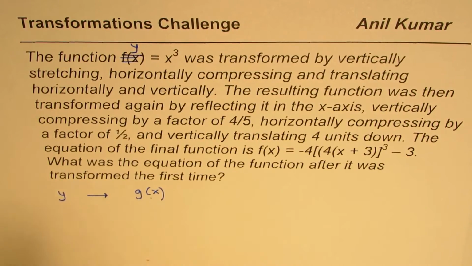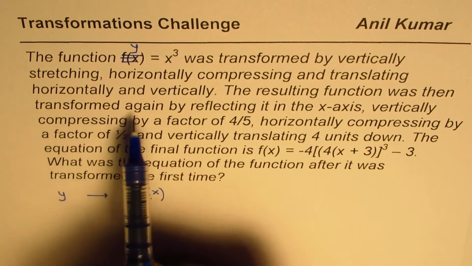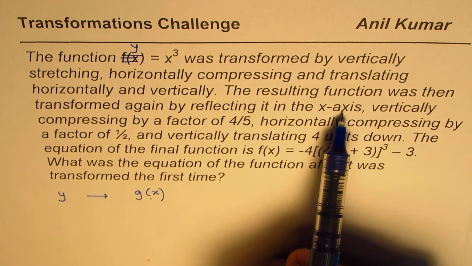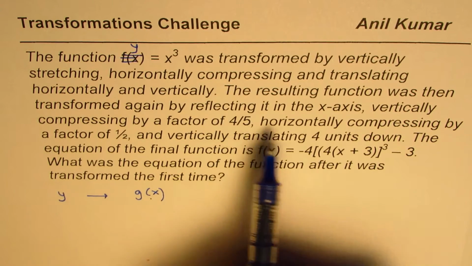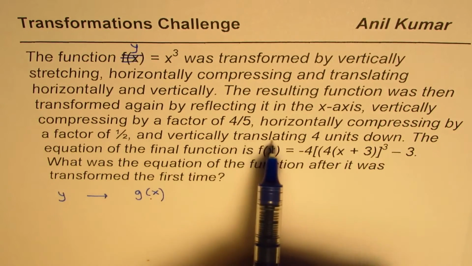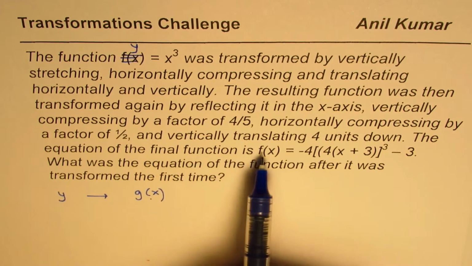Now this g of x we are talking about, the resulting function was then transformed again by reflecting it in the x-axis, vertically compressing by a factor of 4 over 5, horizontally compressing by a factor of half, and vertically translating 4 units down. The equation of the final function is f of x.